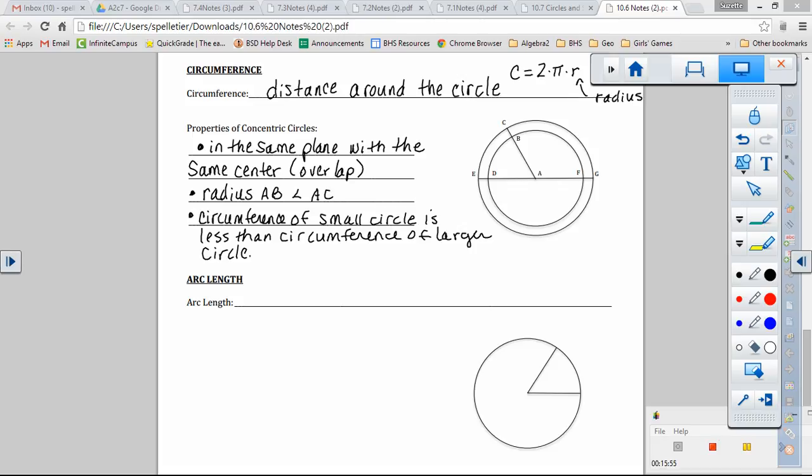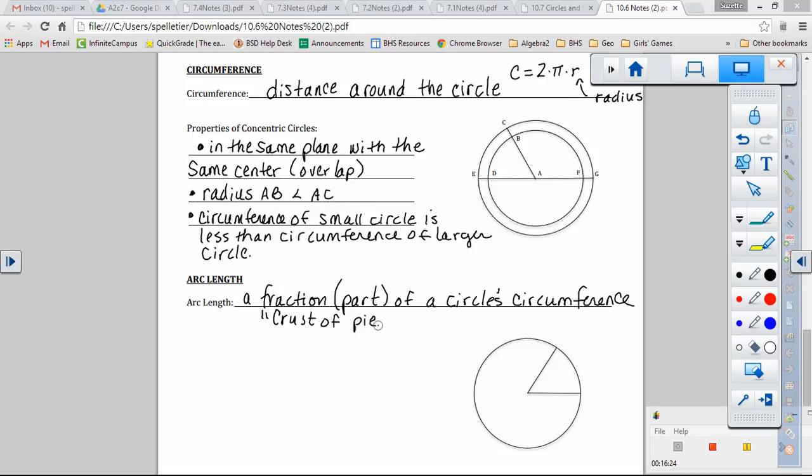Arc length. Arc length is a fraction, or a part, of a circle's circumference. Think about the crust of the pie.